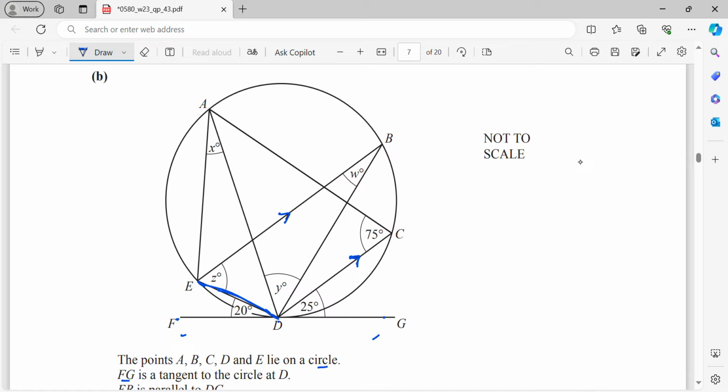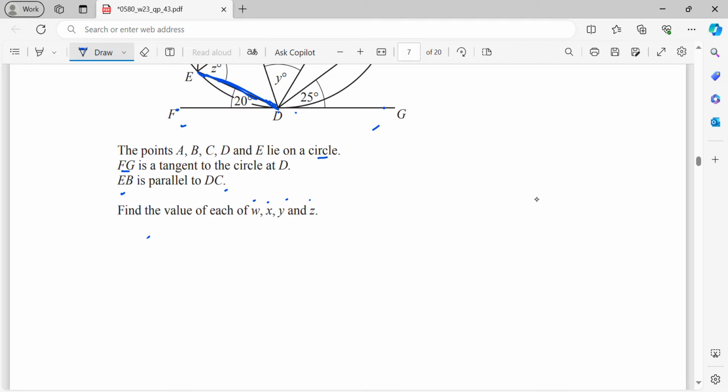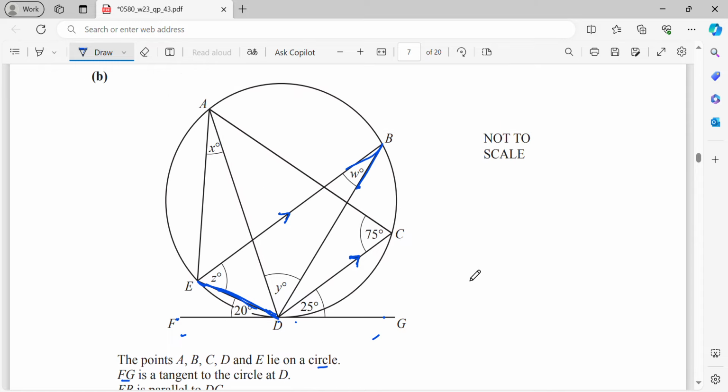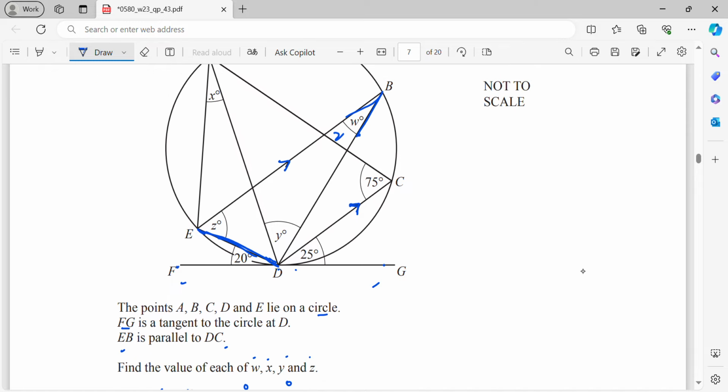That means the angle subtended by this chord is basically here, which is our W. So from here, I can say that angle EDF equals 20 degrees equals W degrees. So here we found the W. This is basically 20 degrees.